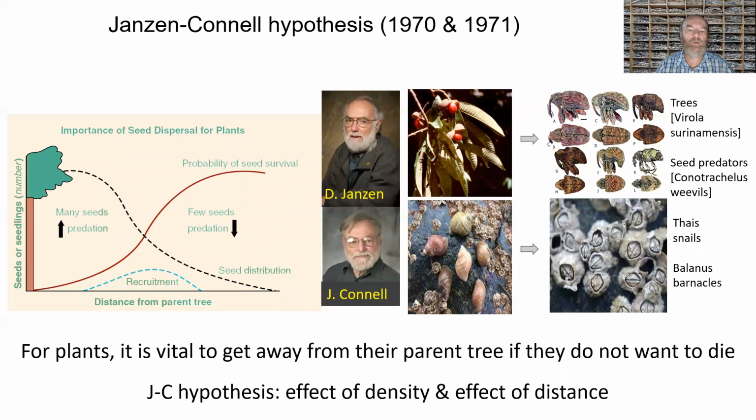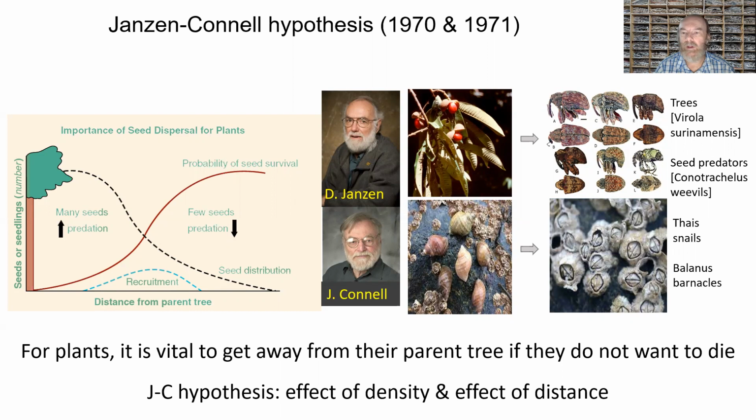And that explanation was suggested by Daniel Janzen and Joseph Connell, and is known as Janzen-Connell hypothesis, published in 1970 and 71 independently. Interesting example how some ideas simply float around, and two people independently took them.